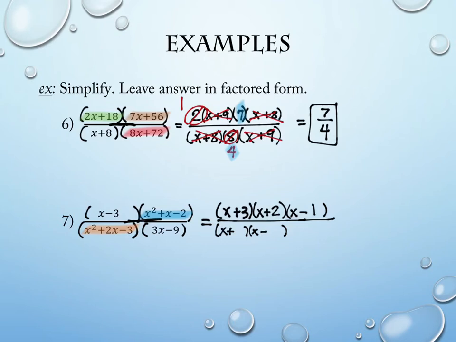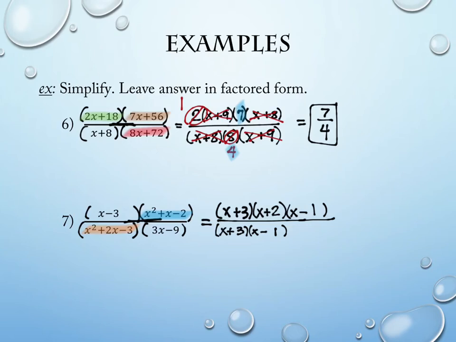And again, like the 3 at the end, there's not a lot of options. The only way we can get 3 at the end is multiplying 1 and 3 together, right? I just need to make sure I put them in the right place. So which one here should be positive? Should it be the 1 or the 3? 3, because the 2 in the middle needs to be positive, right? So when I check, in the middle I have 3x, on the outside I have negative 1x, that adds to 2x. So we're good.